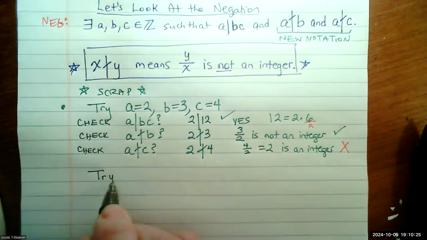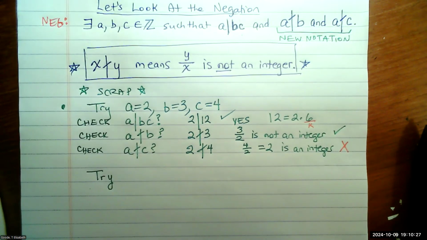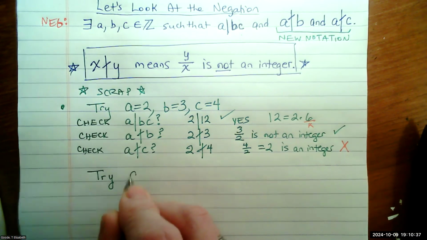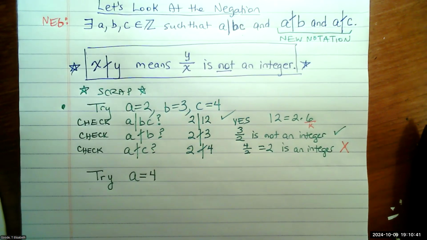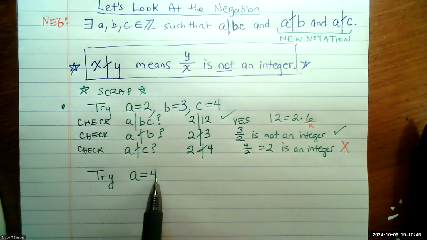All right, so now I'm thinking to myself, okay, I can't use a prime for A. I want to keep these numbers as small as possible. The smallest non-prime number that would make sense to use would be to try A equals 4. That's not prime. It's 2 times 2.